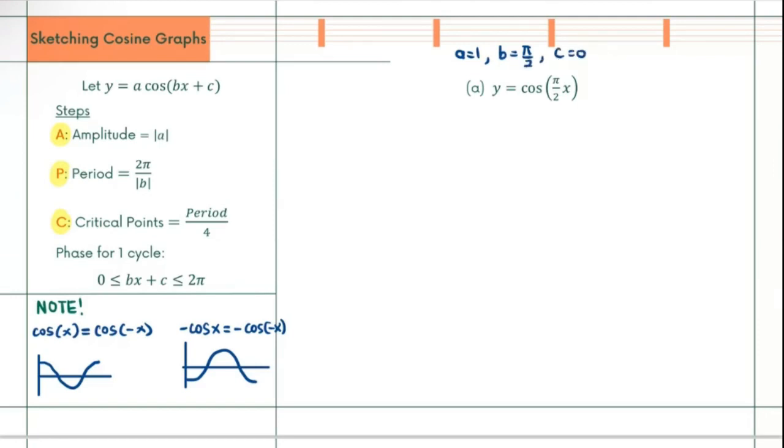C doesn't really interfere, but it helps us find the cycle. First, find the amplitude. Our amplitude is 1. Now the period is 2 pi divided by pi over 2, so I get 4. Then our cycle is the period 4 divided by 4, so we get 1.